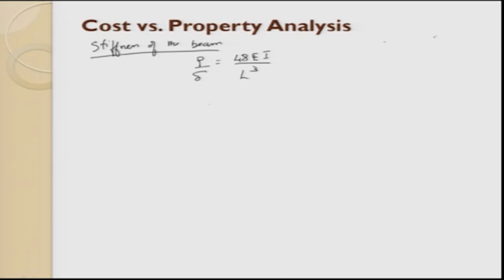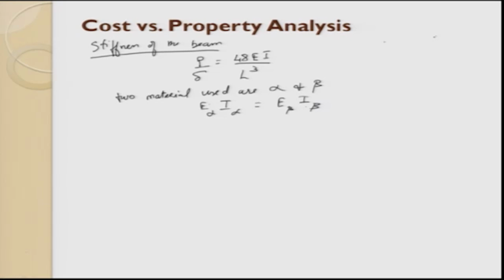So the two materials used are alpha and beta. So E alpha I alpha equal to E beta I beta.